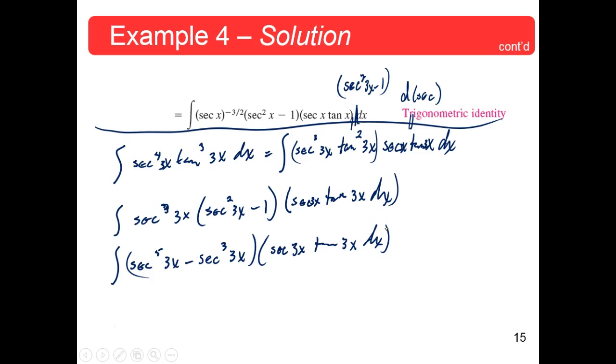Whatever. I don't actually have to have parentheses on that last one, but I did. Okay. Now we're ready to substitute.